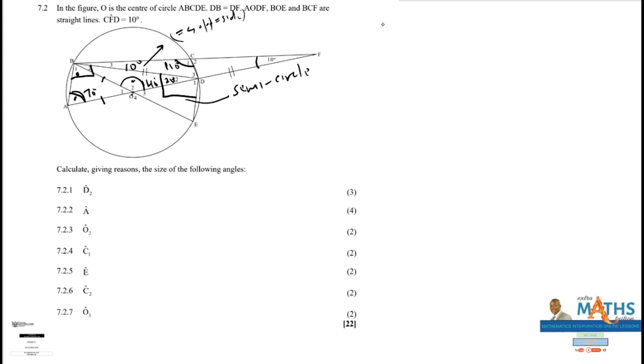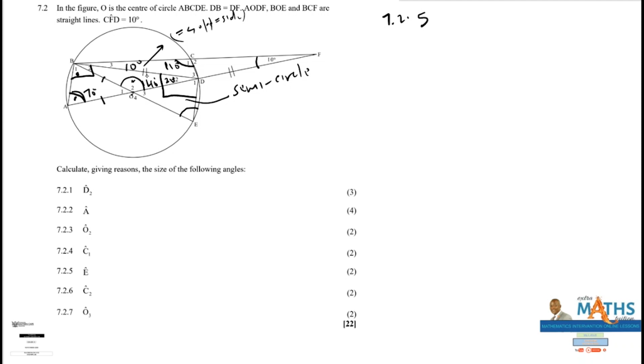Right. Let us look now for 7.2.5. Okay. Now we are looking for angle E. Where can I find angle E? There is angle E. Okay. Right. Now I can find angle E by using same segment BD, or the angle at the center, which is O2.